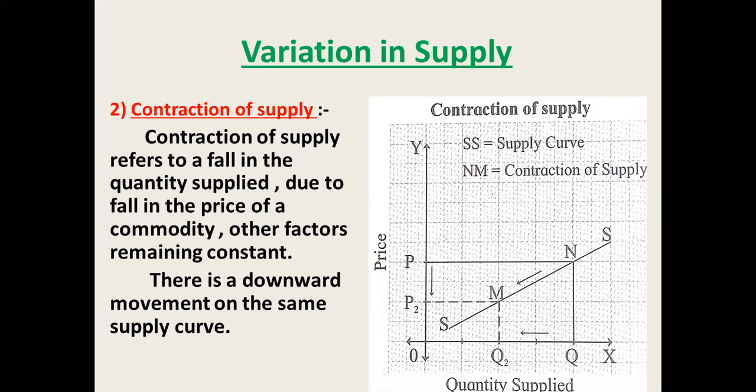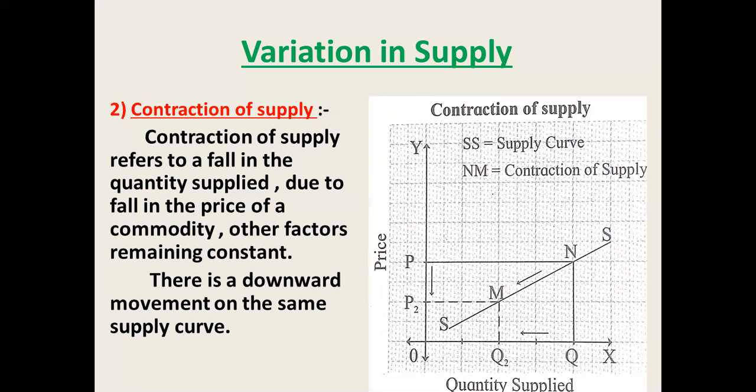The OX-axis measures the quantity supplied and the Y-axis measures the price of that commodity. The quantity supplied falls from OQ to OQ2. See, the first is OQ, the basic supply, and then the supply falls. Why?